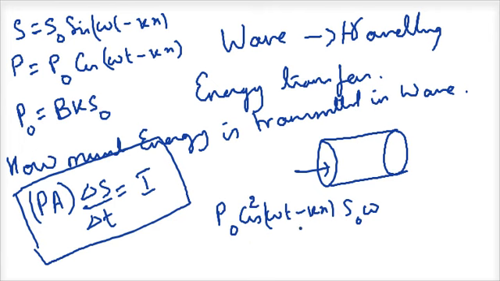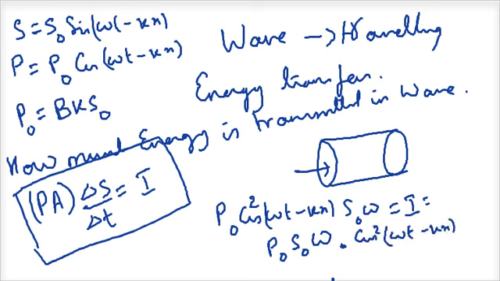Okay, so the total work done, or the intensity of the wave, I is equal to P0 S0 omega into cos squared(omega t minus kx). Now already we have said P0 is equal to B k S0.